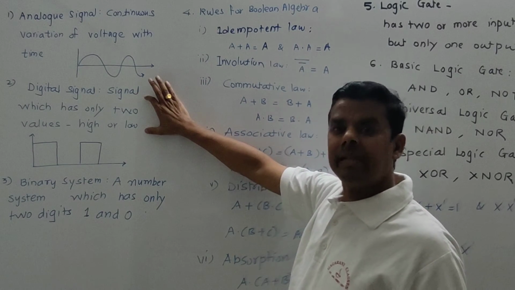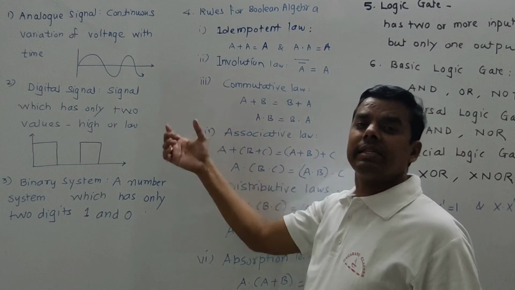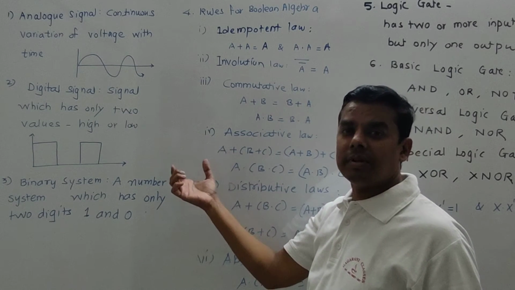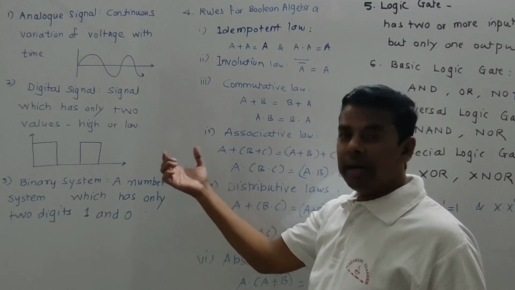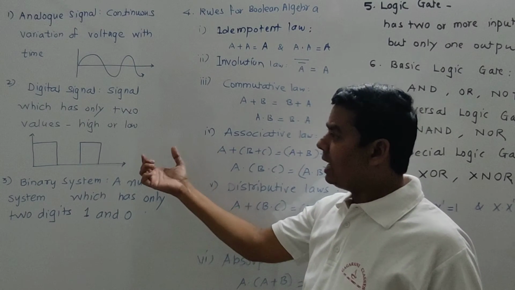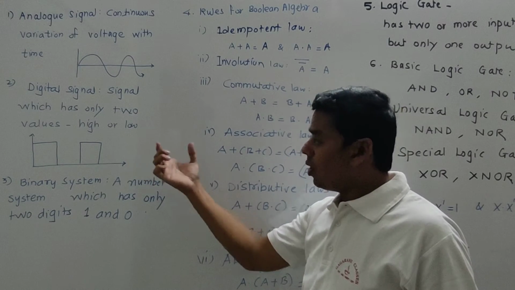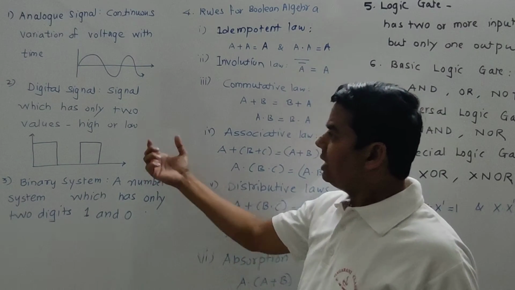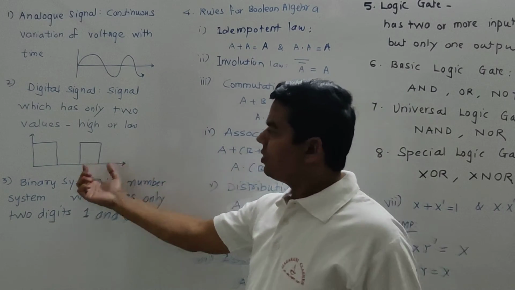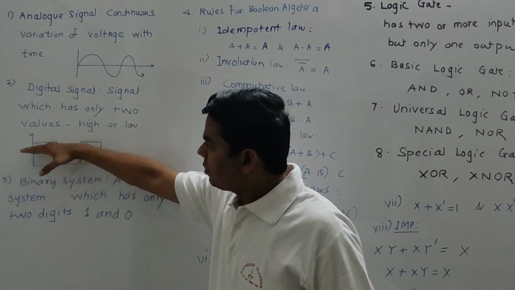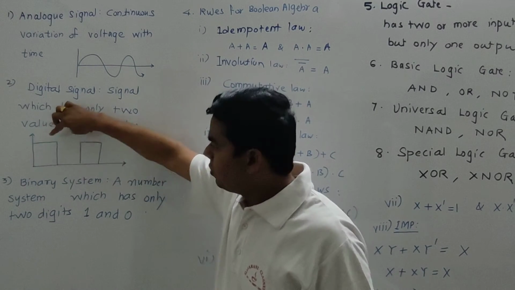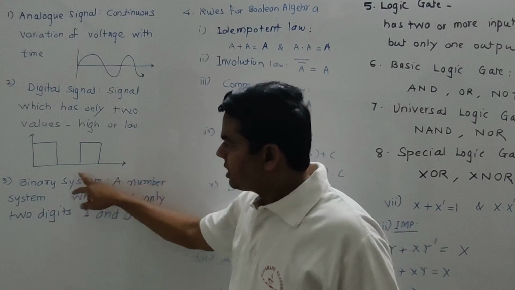What is a digital signal? A digital signal is a signal which follows only two numbers, 1 and 0, high and low, yes or no, true or false. In this signal we observe that this particular projection represents the high value and this represents the low value.